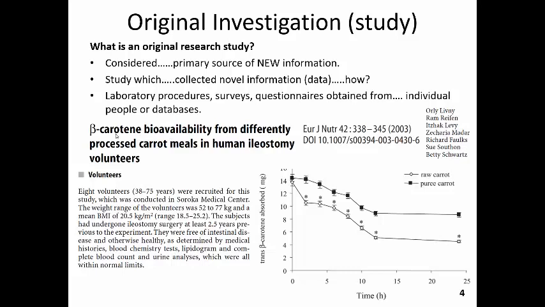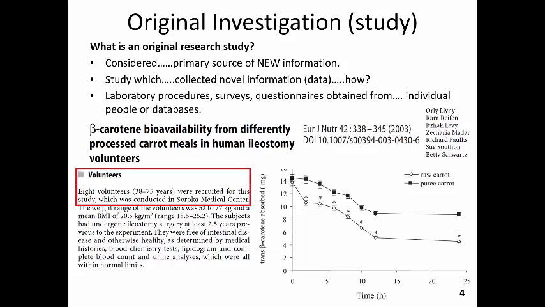Now, one of the foods that provides beta carotene are carrots. And what the researchers were interested in relates to the manner in which those carrots are consumed by individuals.